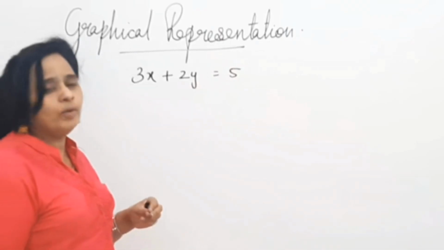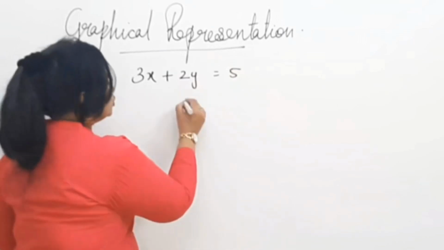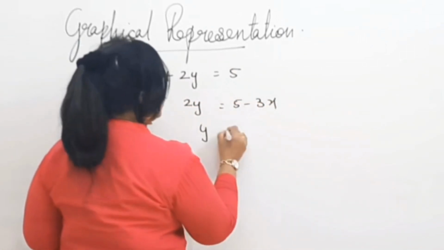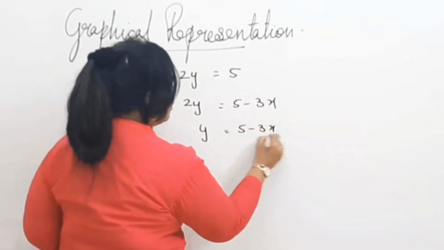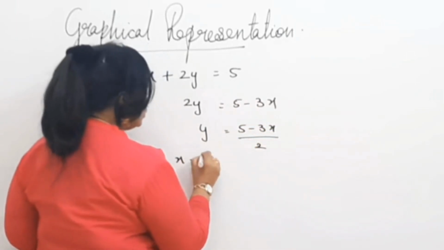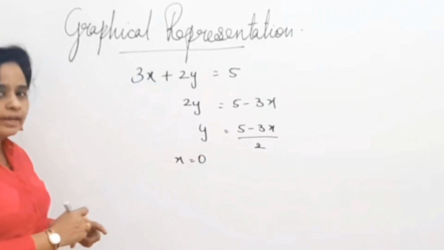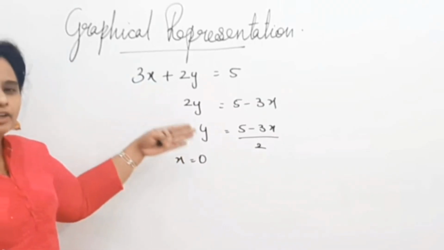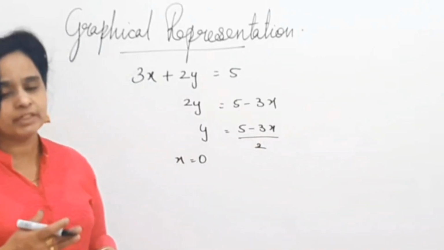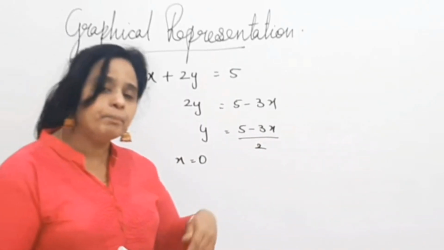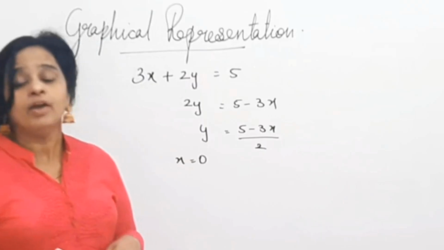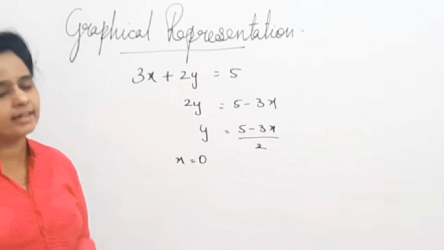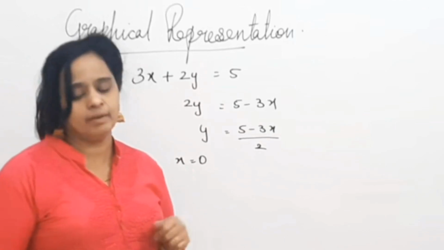You take 2y is equal to 5 minus 3x, so y is equal to 5 minus 3x divided by 2, and give x some value like 0. Then you get the y value, and like that you can give different values for x to get respective y values. By plotting those values in the graph and joining the points, we get a straight line for this linear polynomial.